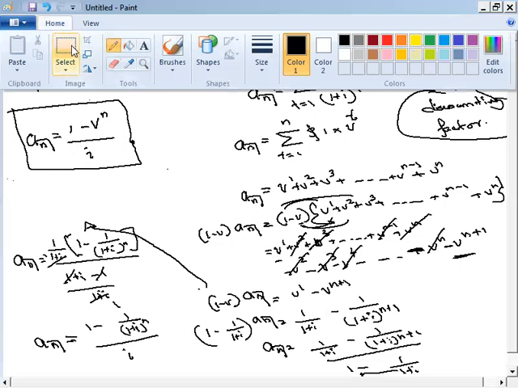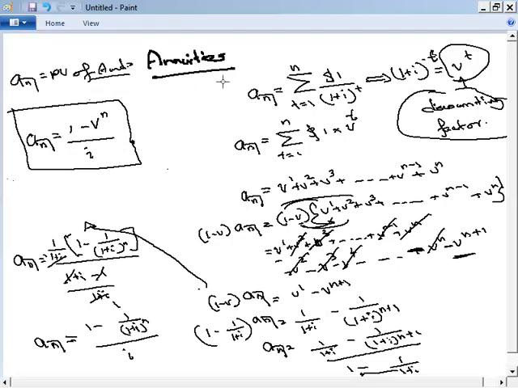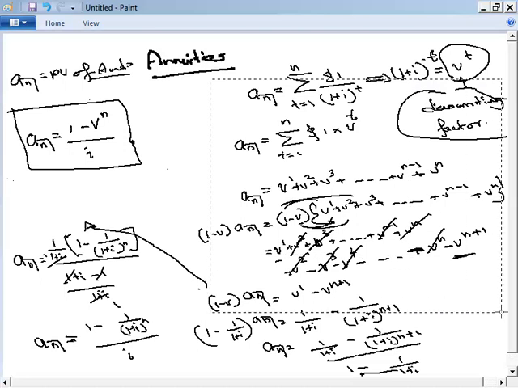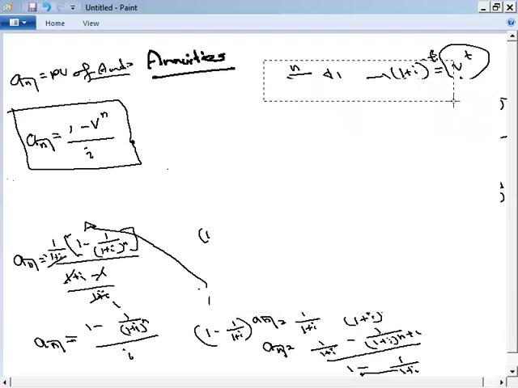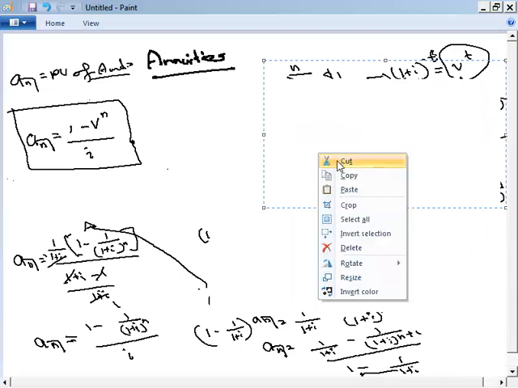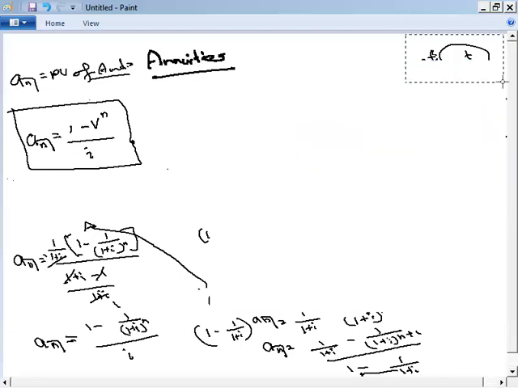Let me erase this part. Okay, so let's see how to find the future value now.